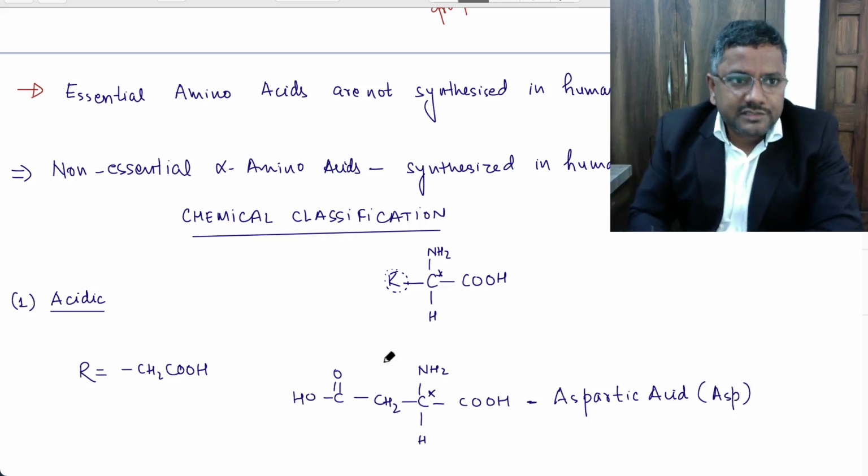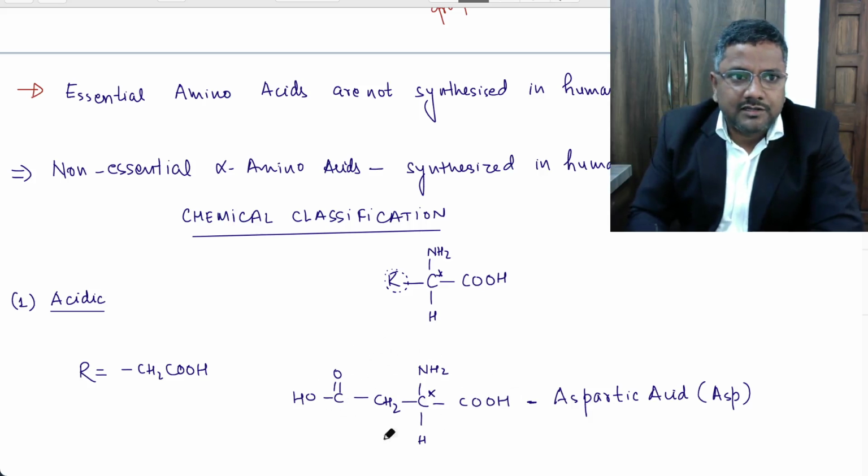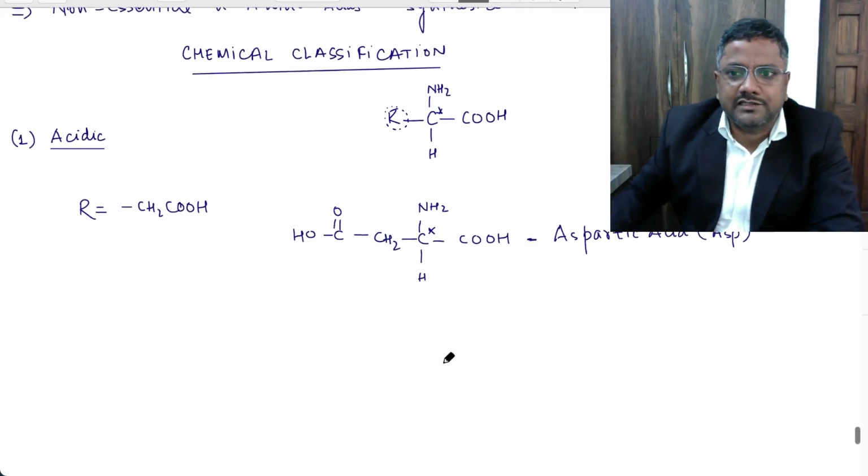This portion is R. If you want to rank the different acidic groups, this one is the most acidic. After that comes this one, because electron-withdrawing groups are present here, so this is more acidic than that. So this is an acidic amino acid, aspartic acid.